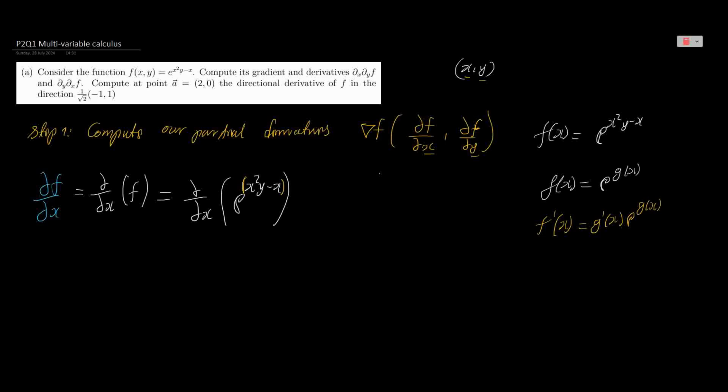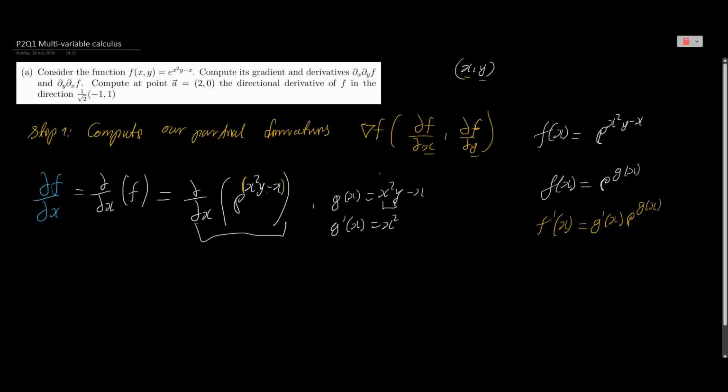So in this case, we want to look for the derivative of the function e raised to the power x squared y minus x. To do that, we are going to consider our g of x to be x squared y minus x. Therefore, the g prime of x will simply be, now this is a product, so we are going to use the product rule.